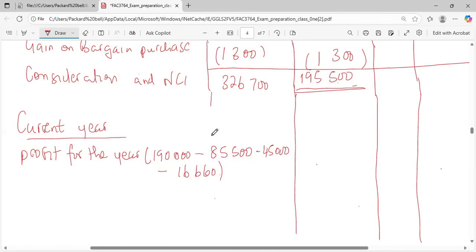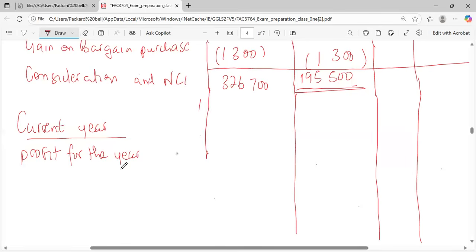I must put it in this column. You see, when you are trying to be in a hurry, that's when you make silly mistakes at the end.